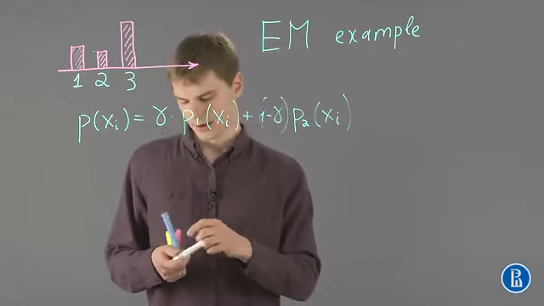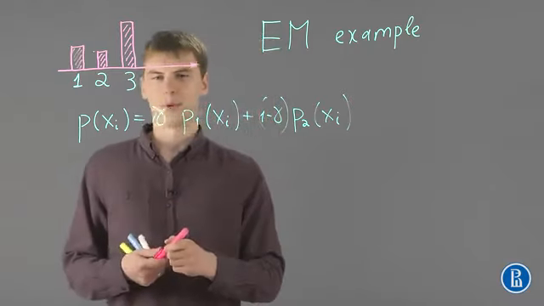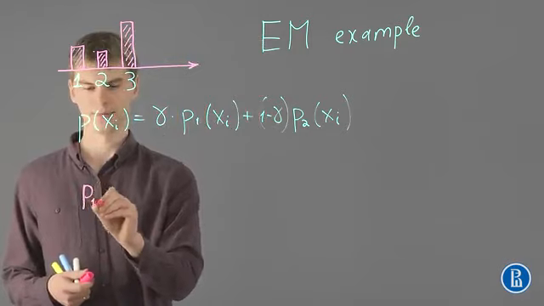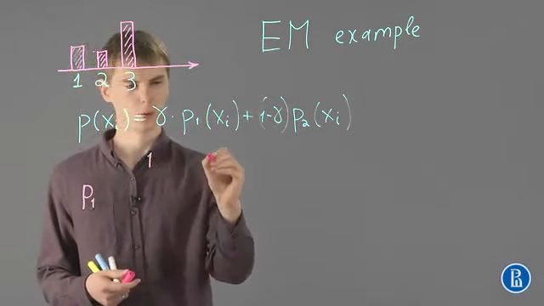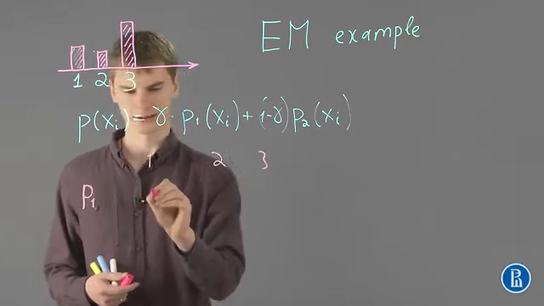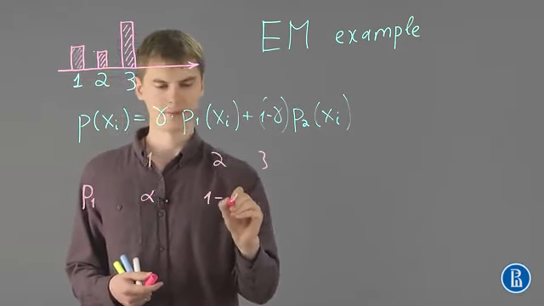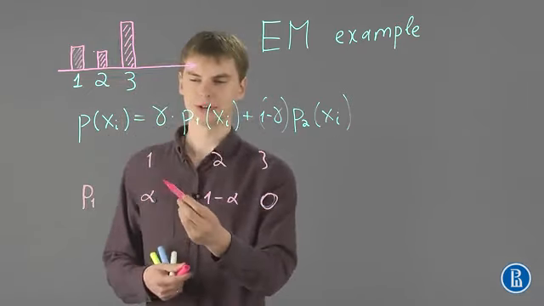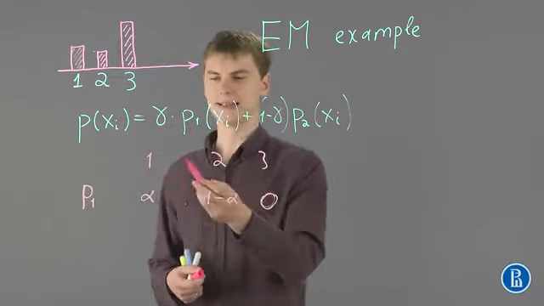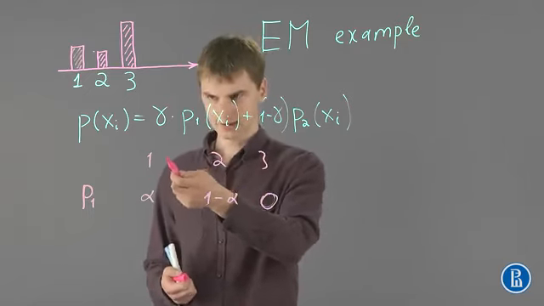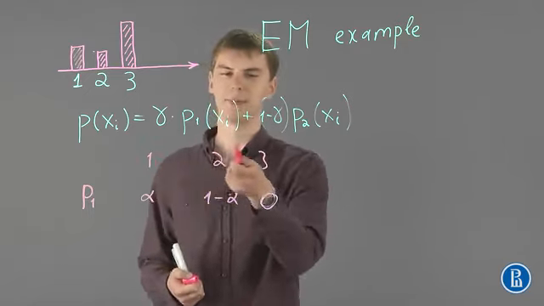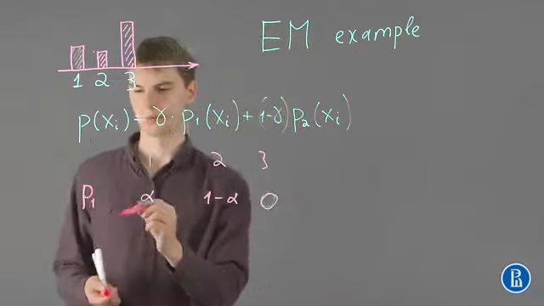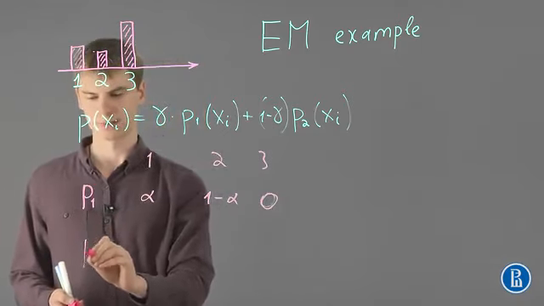And let's say that the mixture components, P1 and P2, look as follows. So we have P1, which takes values 1, 2, and 3 with probabilities alpha, 1 minus alpha, and 0. Why? Well, because if we use some distribution which can take any of these three numbers with any probability, then we can just use this histogram as the best fit for P1 and forget about P2.